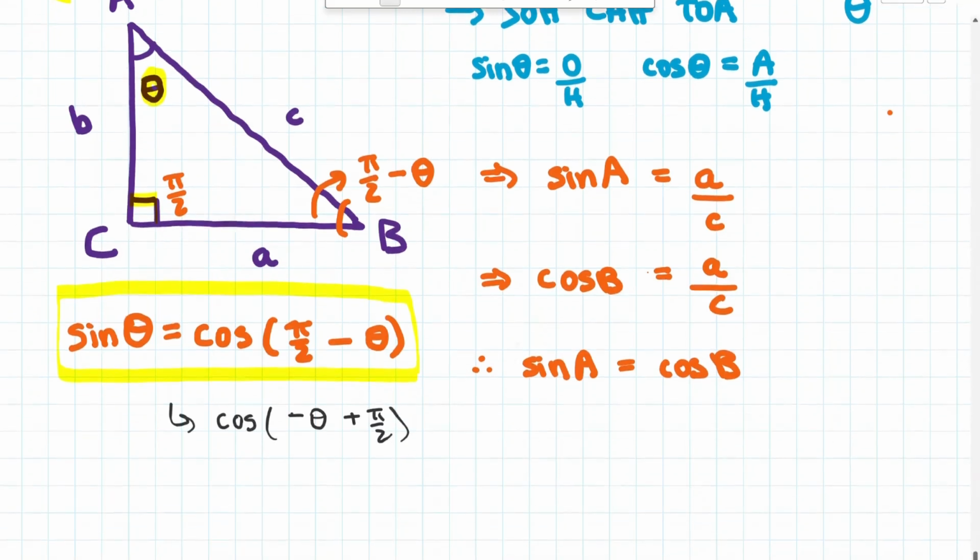Remember, we always have to factor out the negative here, so it would be cos of negative, theta minus pi over 2, which means that we are moving our function pi over 2 to the right. And pi over 2 is 1/4 period of sine and cosine functions. So this shows, like I said earlier, that sine and cos are simply a 1/4 shift away from each other.